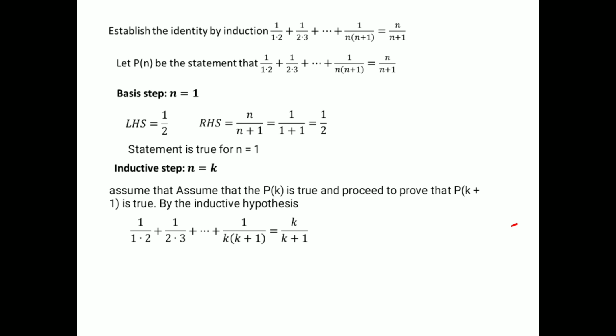Whenever I see n, I have k. Now for n equal to k plus 1, remember what we want to establish: that when I substitute n equal to k plus 1 into Pn, I will get exactly the same value.